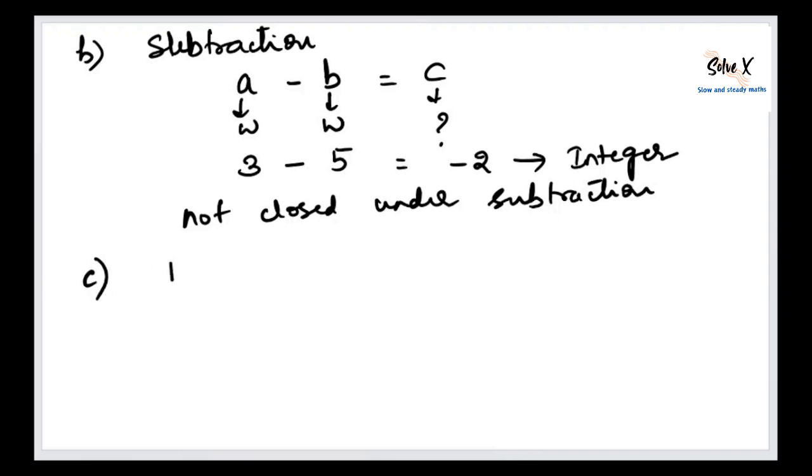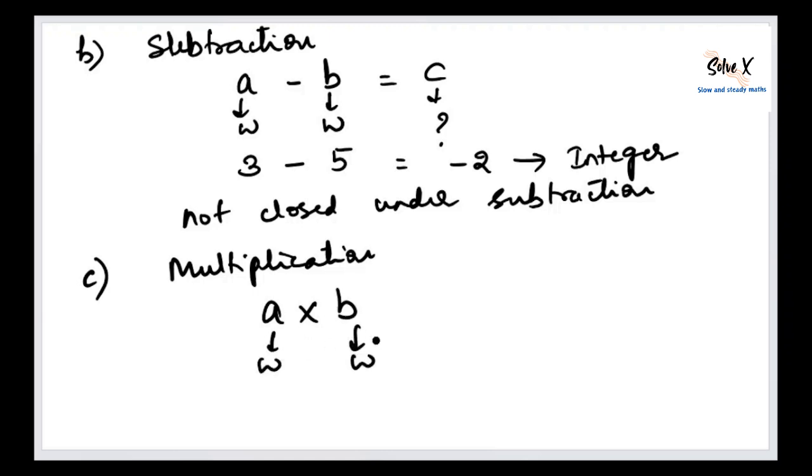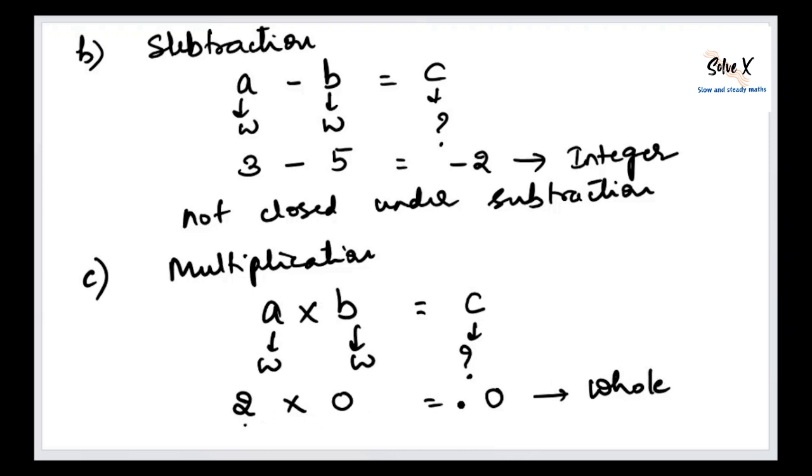Now we'll check for multiplication. A into B: if A is a whole number and B is a whole number, the product of A and B is C; is this a whole number or not? 2 into 0 is equal to 0. 2 is a whole number, 0 is a whole number.